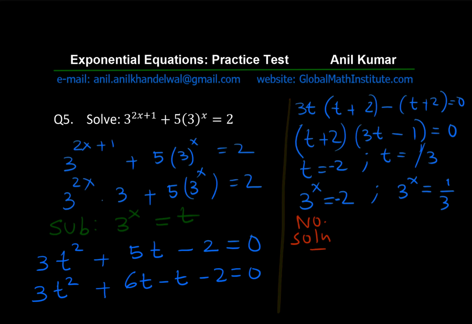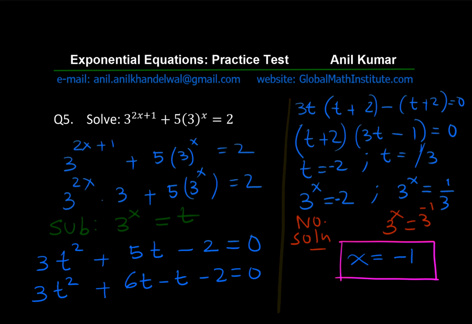However, here we have a solution: 3 to the power of x equals 3 to the power of minus 1. So the solution here is x equals minus 1, and that becomes the solution for our question. Is that clear, right? For exponential functions, the domain is all real numbers. So that works perfectly fine.